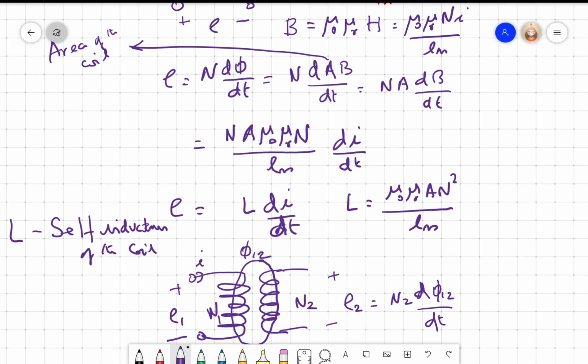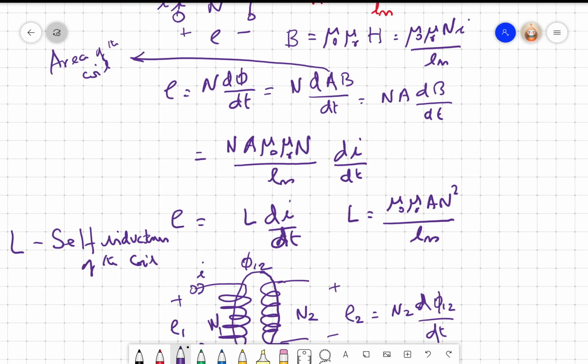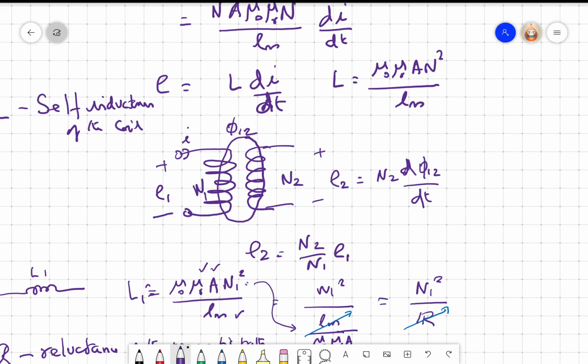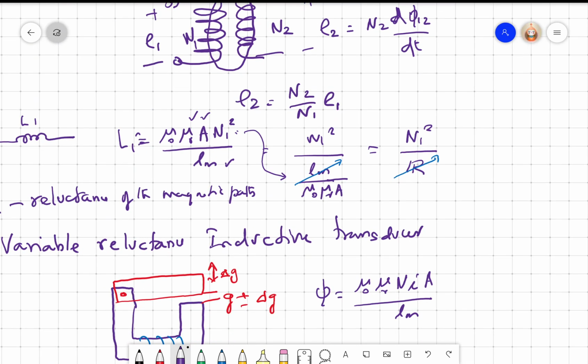So here I have B is equal to mu naught mu r Ni by Lm. A into B will be my flux. So this again I can put it as Ni A by Lm by mu naught mu r, right?